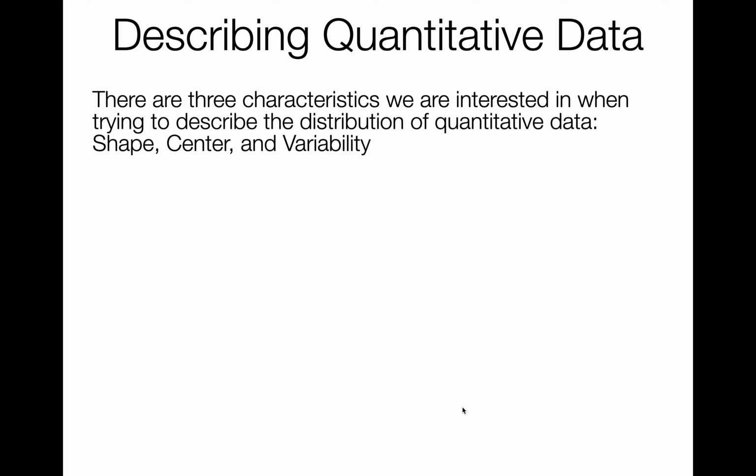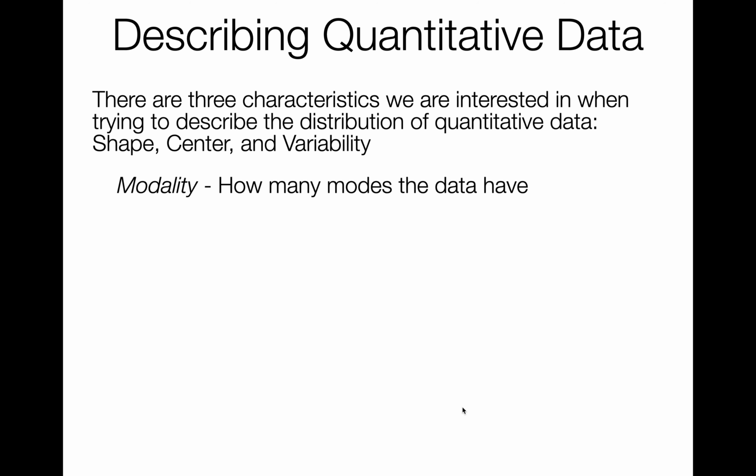As I mentioned before, we're going to talk about 3 different measurements when we look at a quantitative variable. We can summarize or describe it in 3 possible ways: shape, center, and scale, sometimes called variability.